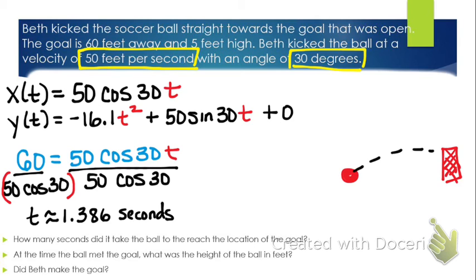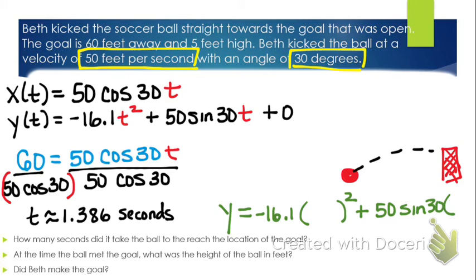So y equals negative 16.1 t squared plus 50 sine 30 t. And now we're going to put that number, that answer that we got from part A, which is 1.386, and type that in your calculator.